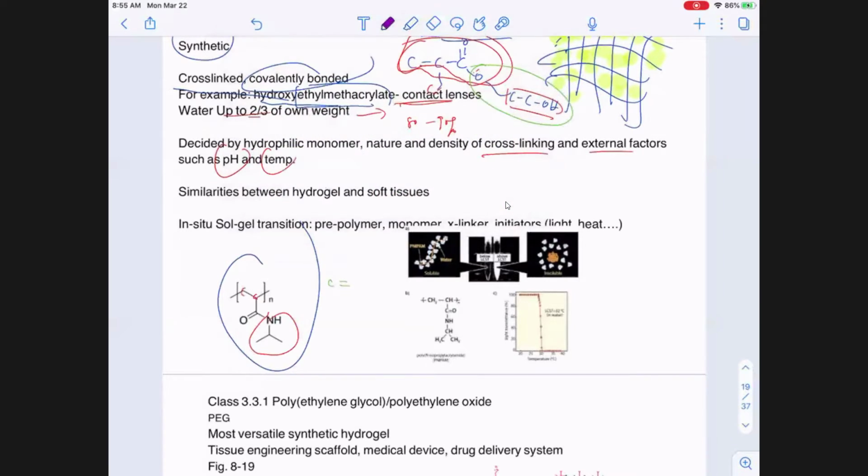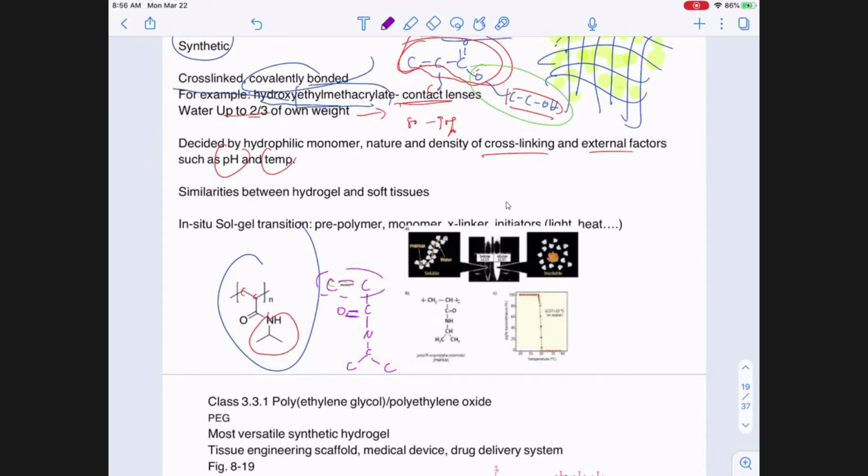I write down monomer, right? Carbon, NH, carbon. So this one can be polymerized from the double bond. If you take the engineering materials course, we have free radical polymerization.